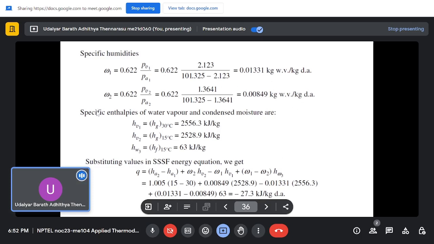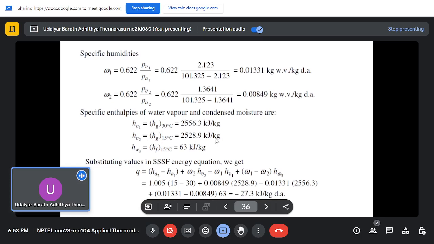Now we know specific enthalpies of water vapor and condensed water. So HV1, we saw in a previous problem how we calculate water vapor enthalpies. So we'll just take saturated conditions, which will be close. So at 30 degrees Celsius, the saturated water vapor enthalpy is 2556.3 kilojoule per kg. Similarly at 15 degrees Celsius it is 2528.9 kilojoule per kg.